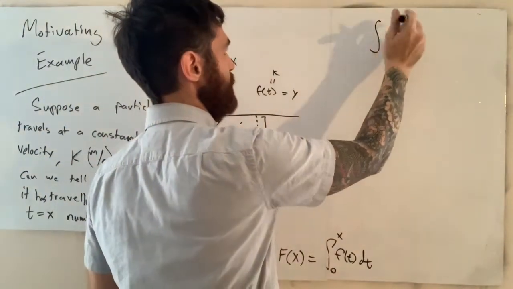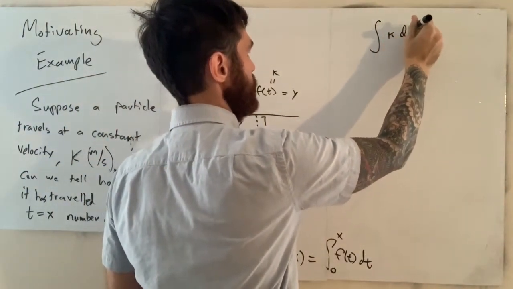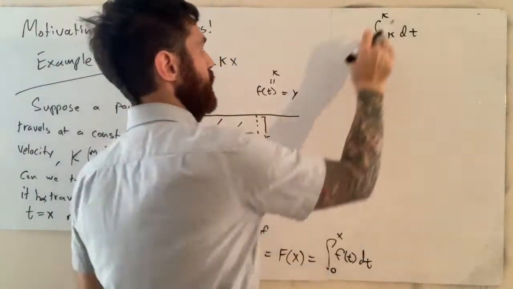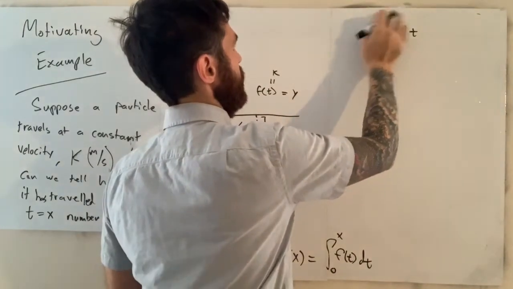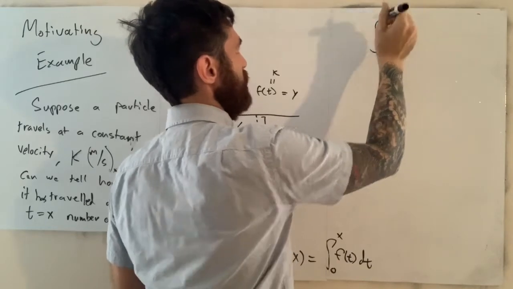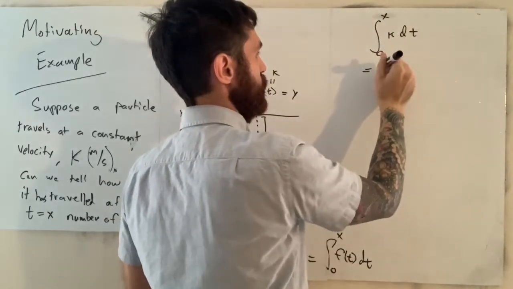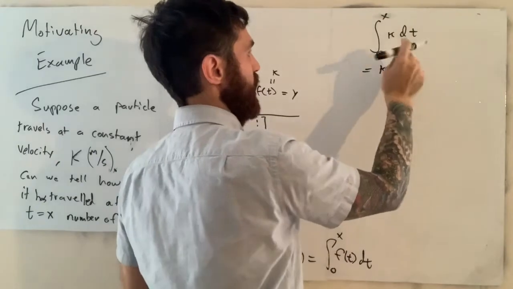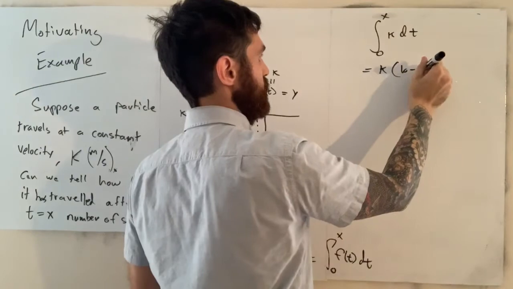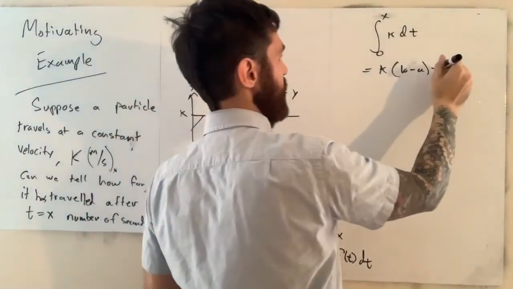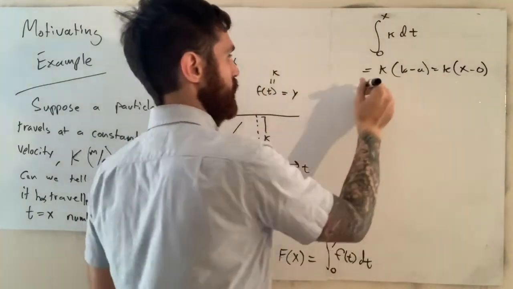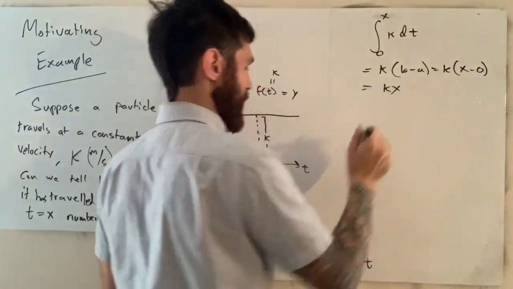We know that if we have just a constant in an integral, this is going to be equal to k times b minus a. But in this case, b minus a is just x minus 0. And so again, we get k times x.